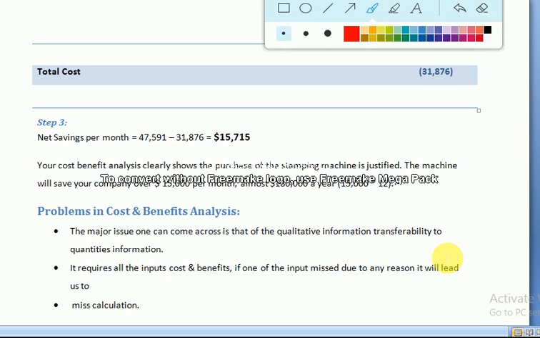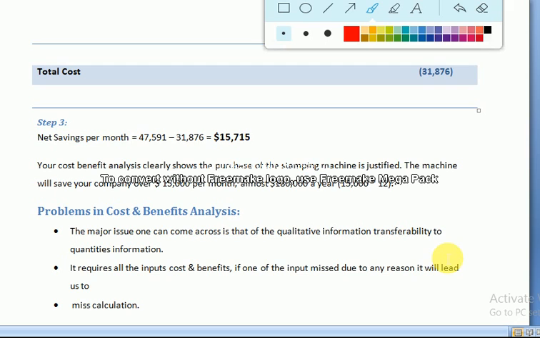And similarly, when we are calculating the benefits, all the benefits should be calculated. And similarly, there should be no mistakes in the calculation as well as in the summing up. Why? If some miscalculation takes place, it will affect the decision making.